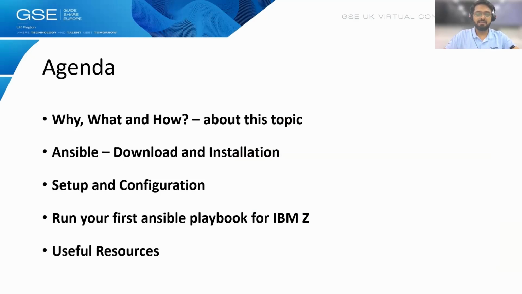Then we'll have some setup configuration that is required to run your Ansible stuff for IBM Z. And then we'll actually run some commands using the CLI, and we'll see how simple it is going to be. We'll take one or two examples of how to do it and how to run it. And then I will share some useful resources that I found useful for my own knowledge as well, and even when I prepared this topic.